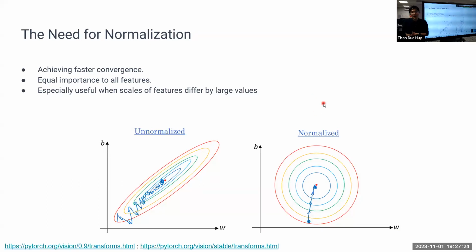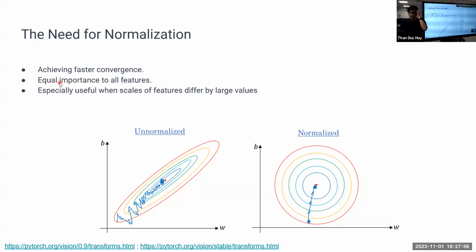Now another idea of data manipulation is normalization. Previously, I think one person in our session asked in the Q&A, what about normalization? Because the values that you put into the neural network can explode. The range of the values can be very large, and different features might have different ranges, which will complicate the weight updates.